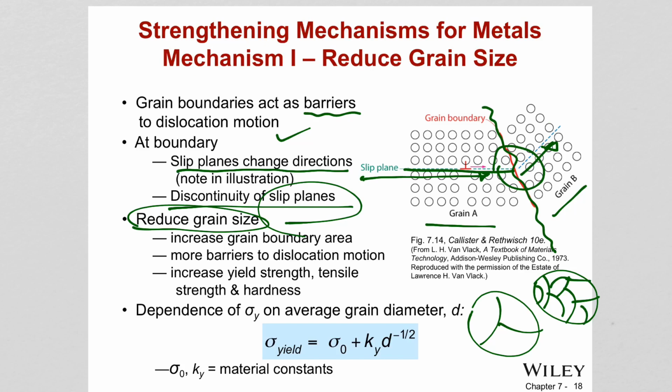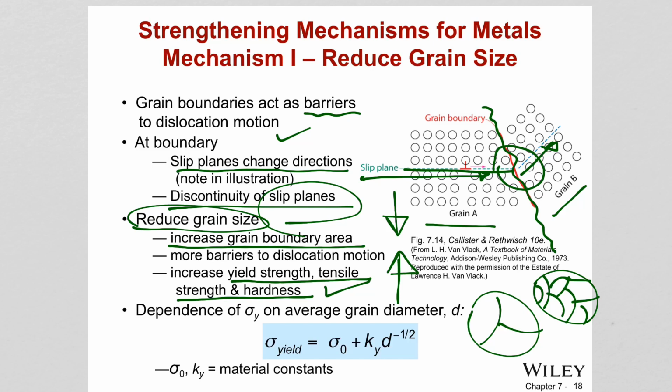You see the grain boundary area increased when we reduce the grain size. So reducing grain size means more barriers to dislocations, which means an increase in the yield strength, tensile strength, and hardness of the material.